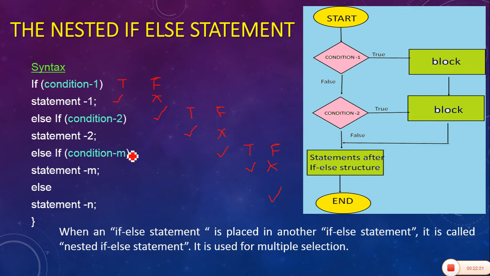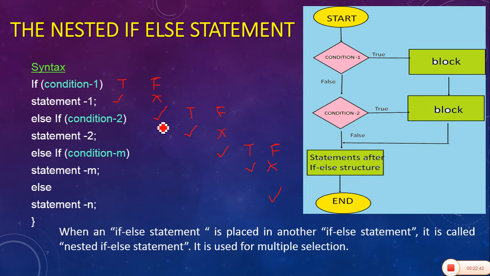And if this condition is true, the statement M will execute, and if the condition M is false, it will not execute, and statement N will be executed. So here is the sequence by which the nested if statement will be executing.